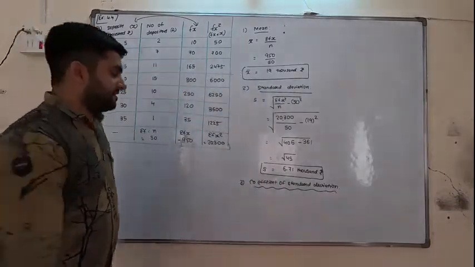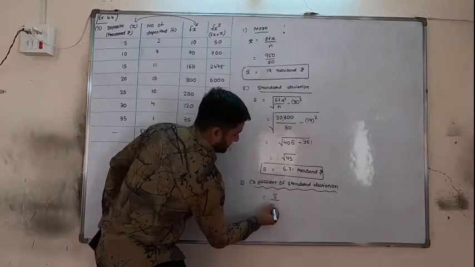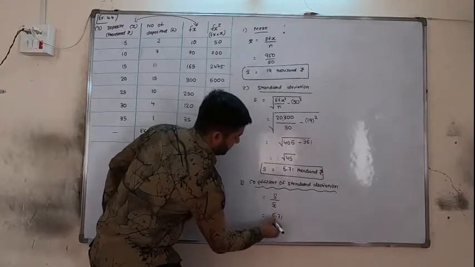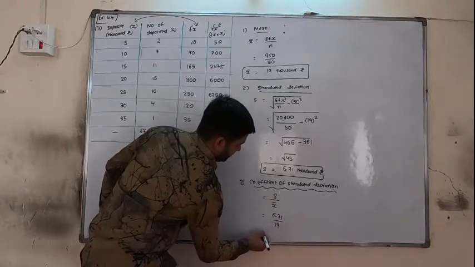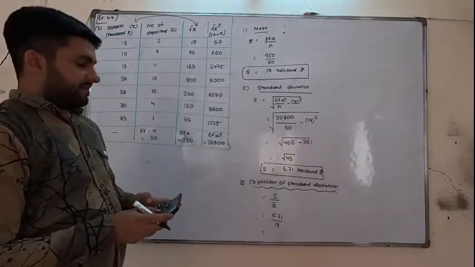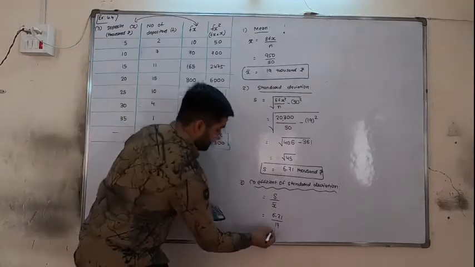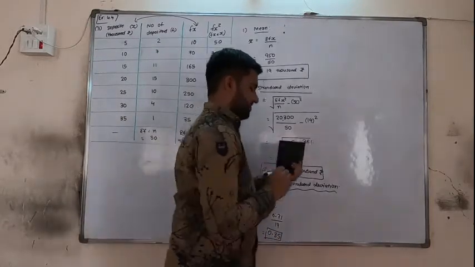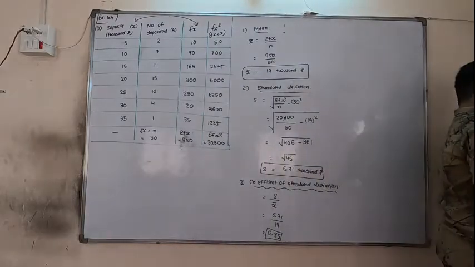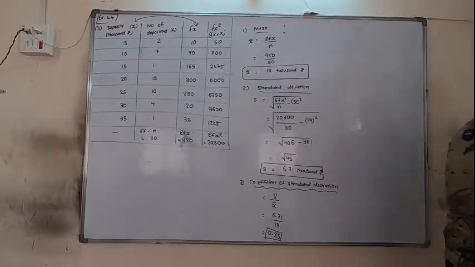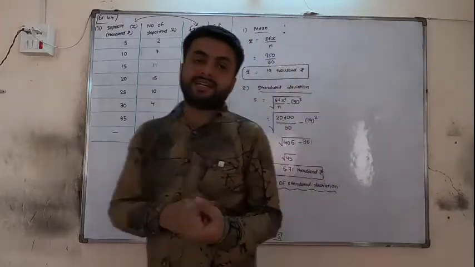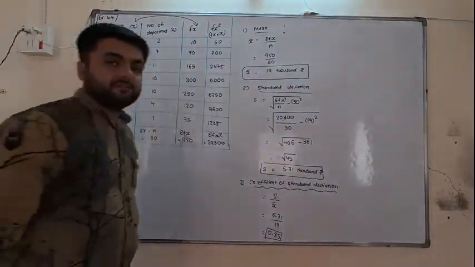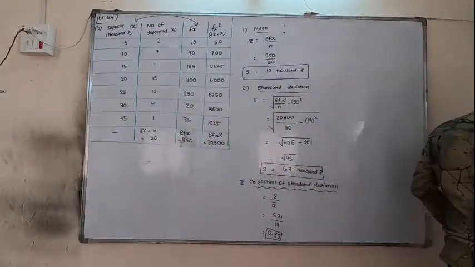Coefficient of standard deviation is equal to S upon x bar. 6.71 divided by 19, 0.353, so 0.35, it will not have any unit. So friends, we have to find coefficient of standard deviation. For that we need mean and standard deviation. So discrete data is also over. Now for next question we are having continuous data.